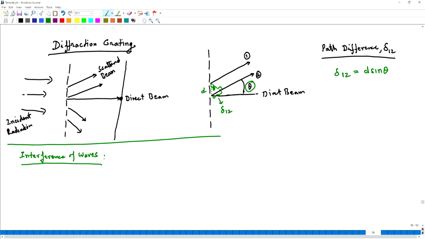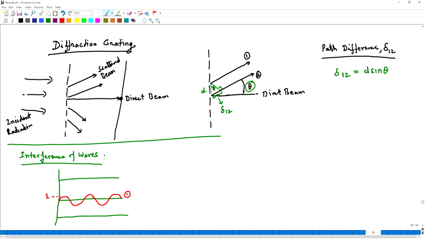Now, one situation can be as follows. I have, let us say, ray 1, which has an amplitude of 1.